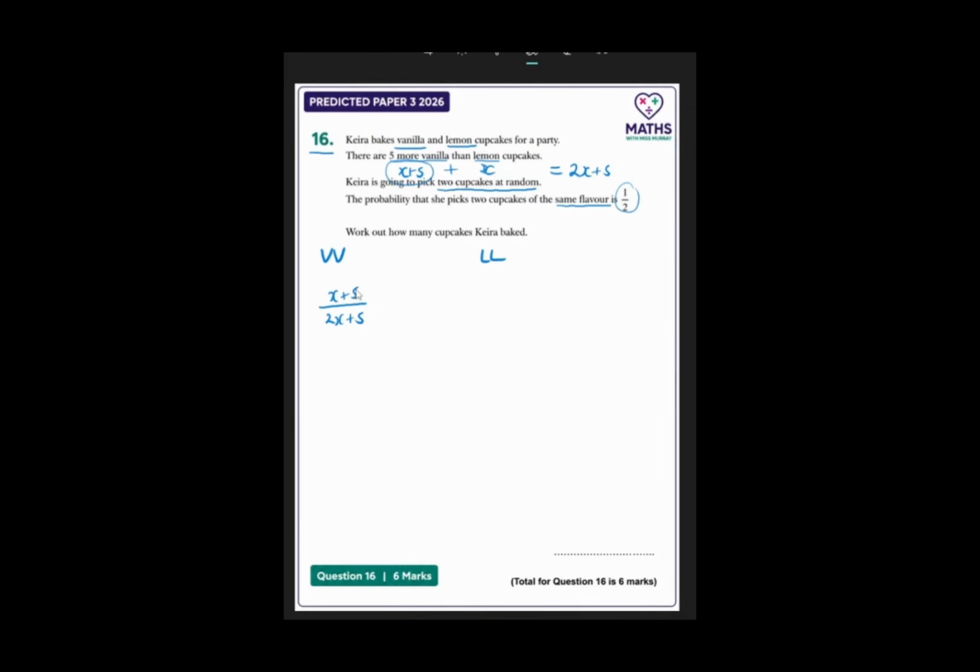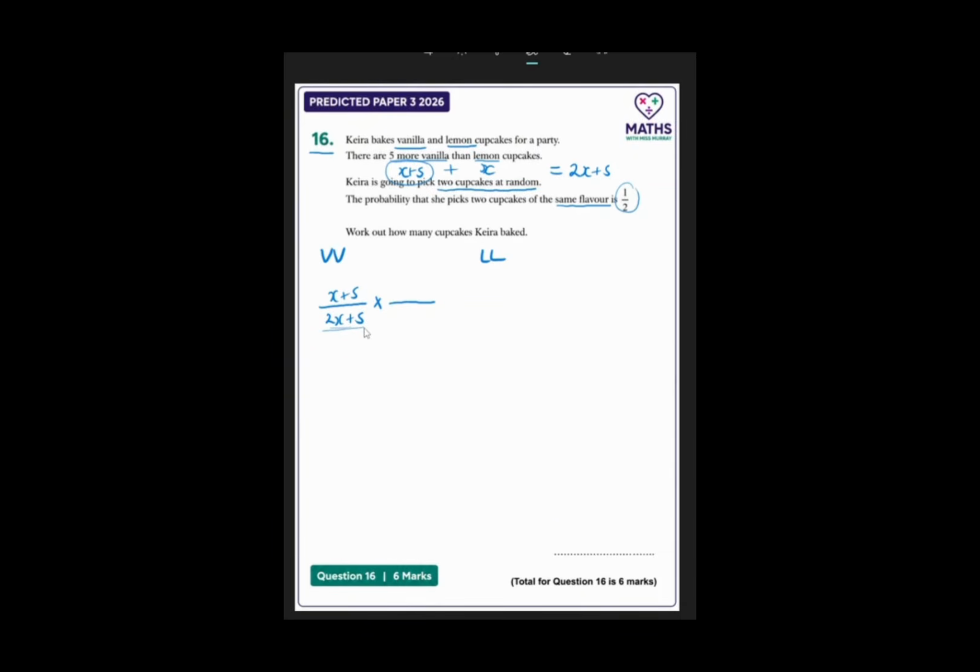Then I want a vanilla again, so I'm going to multiply because I want the next one to be vanilla as well. But because it says she picks 2 cupcakes at random and doesn't say she puts anything back, we have to assume it's not been replaced. That is conditional probability, which affects the denominator here because she hasn't replaced the cupcake.